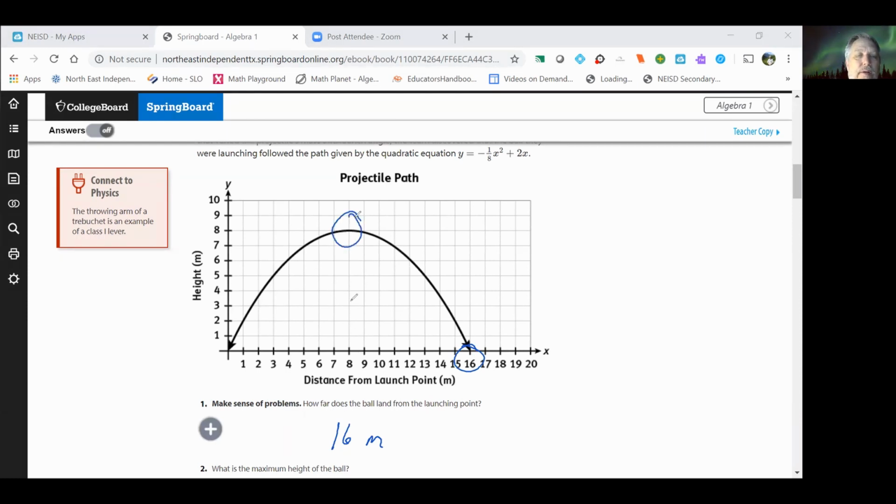So 8 as far as the distance from the launching point, and that's going to be at 8 meters high. Now that makes sense that the vertex is going to be at the maximum height. Remember, we have our line of symmetry going through the vertex, and you notice we have 8 this way and 8 this way, so it's symmetric.